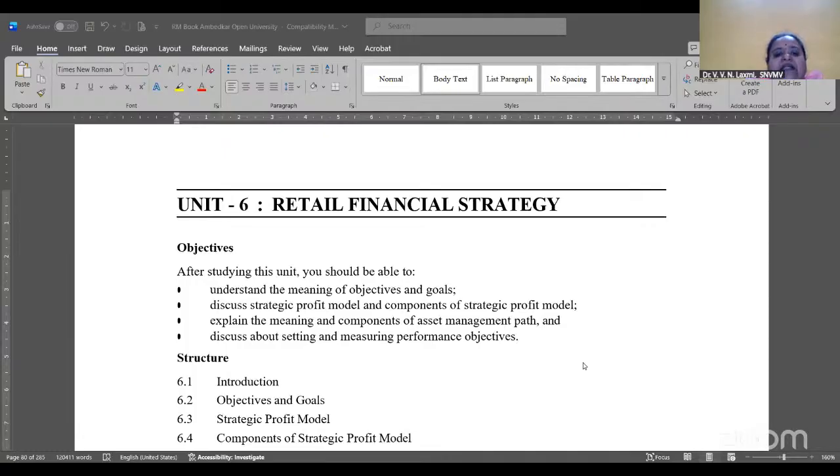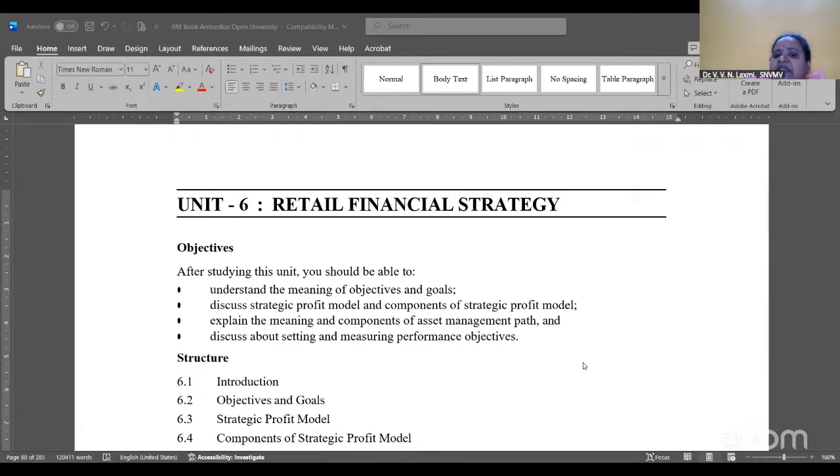Now let us try to understand as part of retail strategy. In the last class, we discussed the basics of retail strategy, and then we discussed the HR part of the retail strategy.